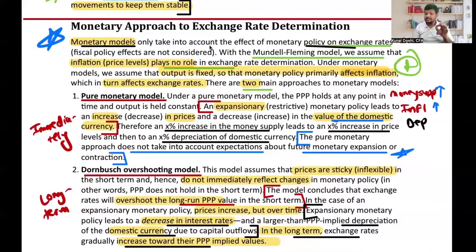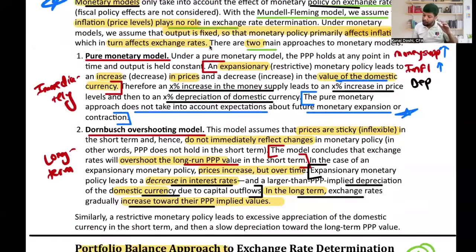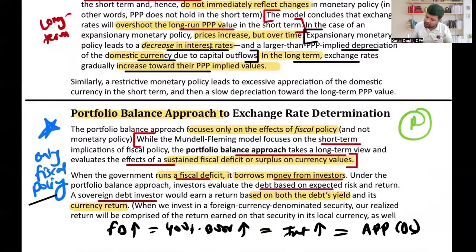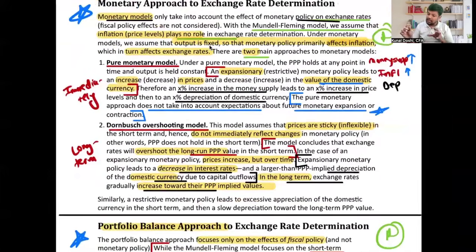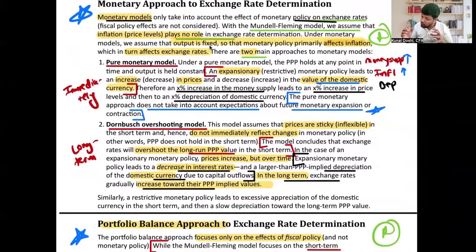So the monetary approach focuses on inflation, while the portfolio balance approach focuses on the fiscal side. Monetary models say that inflation does affect the exchange rate. If it affects it immediately, it's called pure monetary. If it affects it in the long term, it is called the Dornbusch overshooting model. That's all you need to remember.